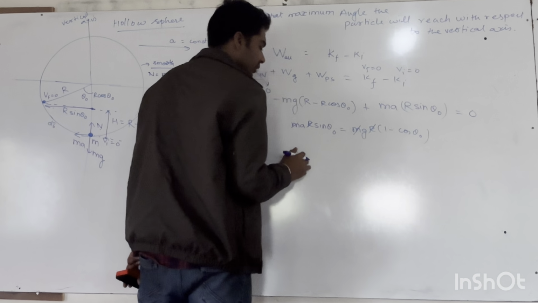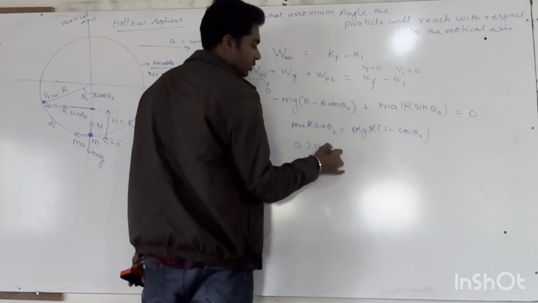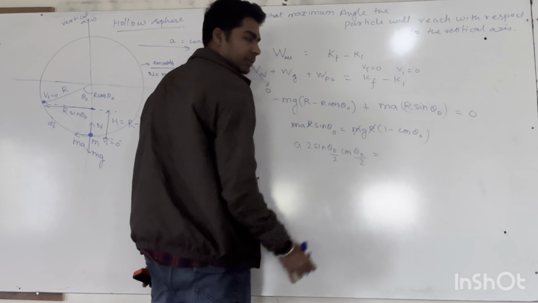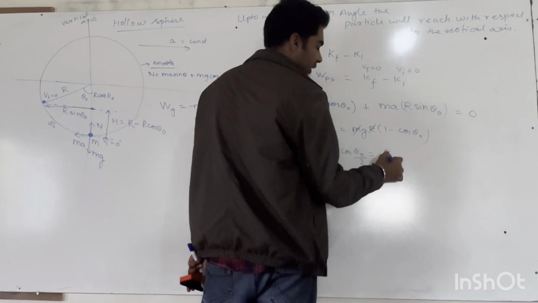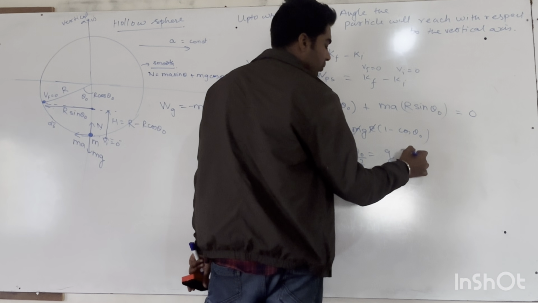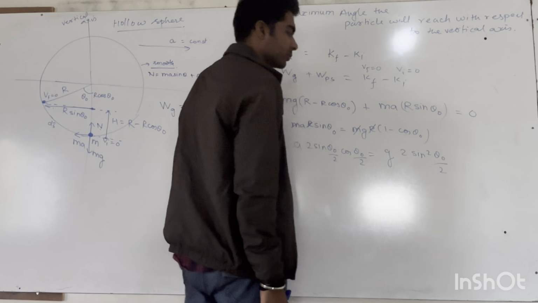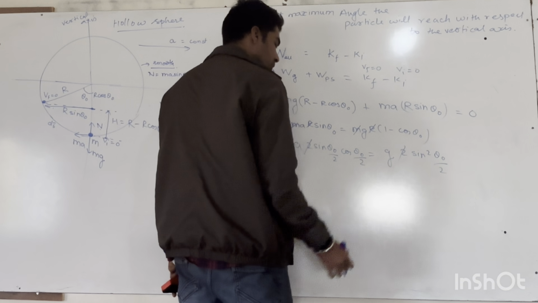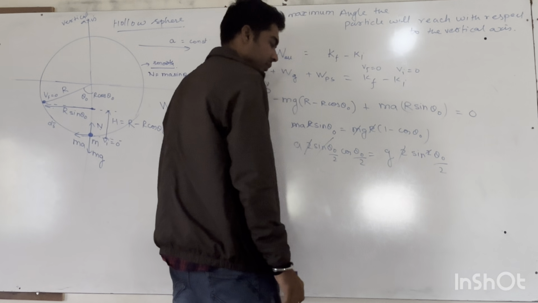m r cancel. We have sin theta naught as 2 sin theta naught by 2 cos theta naught by 2 by our trigonometric identity, and 1 minus cos theta naught we can write as 2 sin square theta naught by 2. 2, 2 cancel, sin theta naught by 2, sin theta naught by 2 cancel.